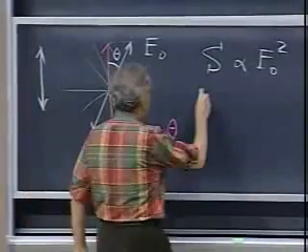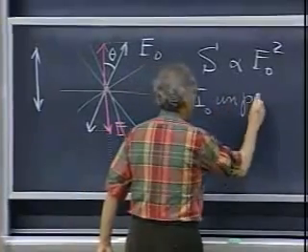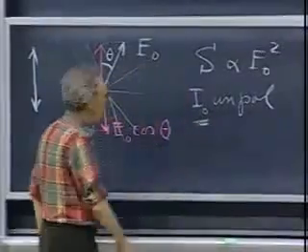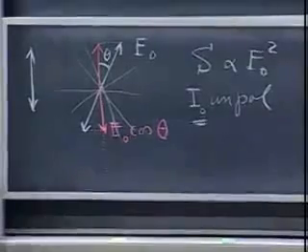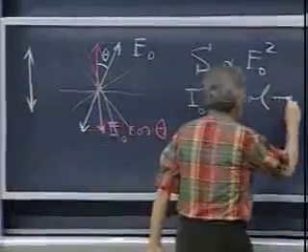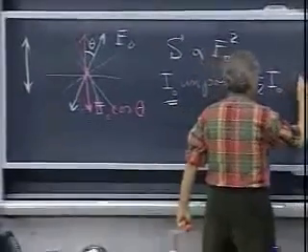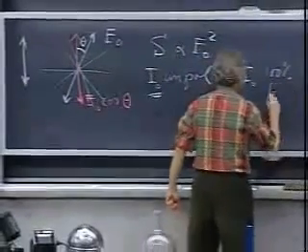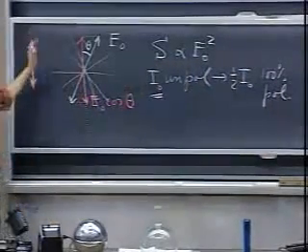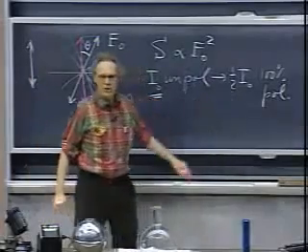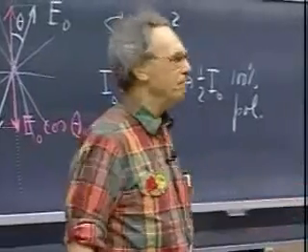And so if the intensity of the unpolarized beam, unpolarized light, was originally I0, once it comes through this polarizer that Edwin Land gave me, then I get 1/2 I0, but that is now 100% polarized. And it is 100% polarized in this direction. And the 1/2 is the result of the average value of cosine square theta.